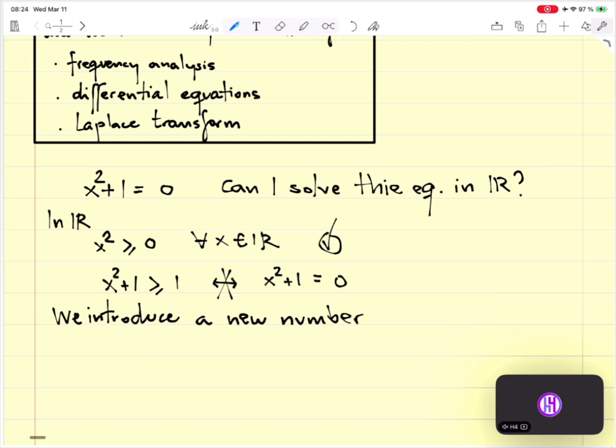So this new number is j, such that j squared equals -1, okay?